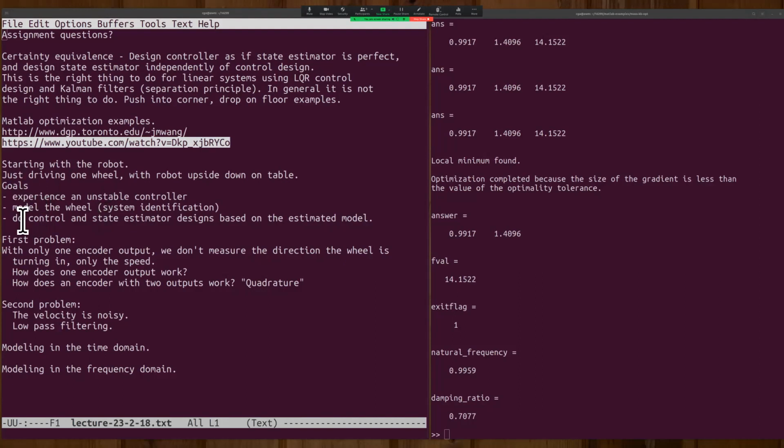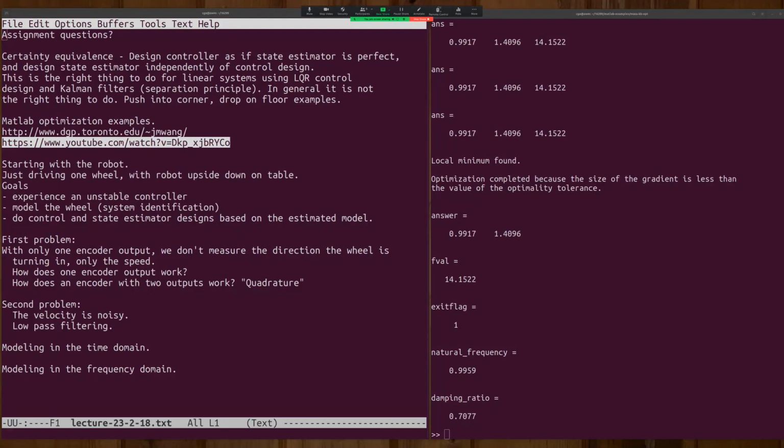Okay, the second thing that I'd like you to do is model the dynamics of that motor wheel system. The fancy term for that is system identification. Another fancy term is machine learning. But essentially, you're going to learn a model of the wheel, and then you're going to use that model of the wheel to design a very simple controller and a very simple state estimator.